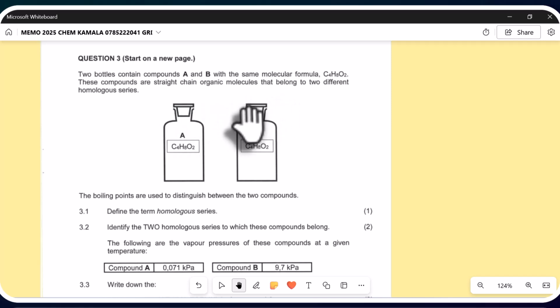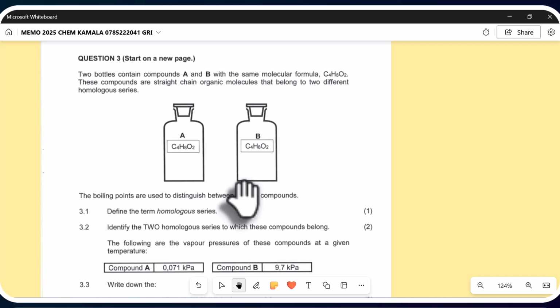Because they are saying that they belong to different homologous series, and as you can see, we have got the two oxygen atoms up here, this must be functional isomers. It means that one must be a carboxylic acid, and the other must be an ester.